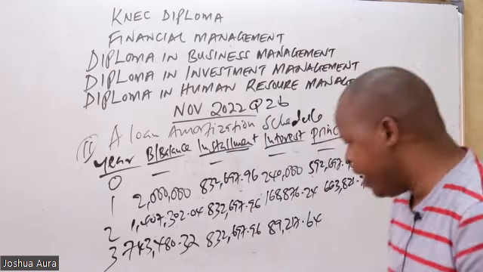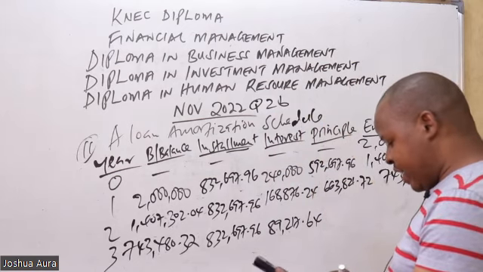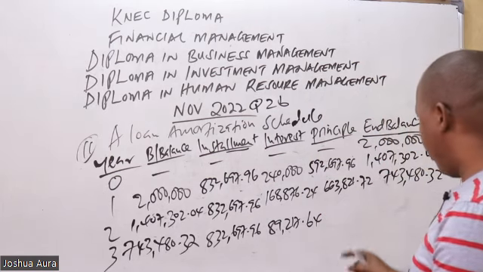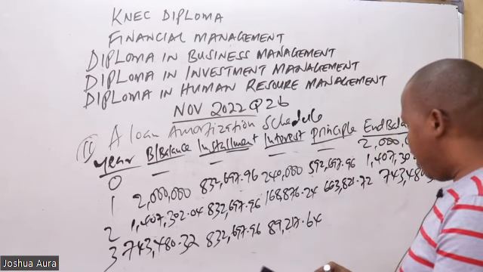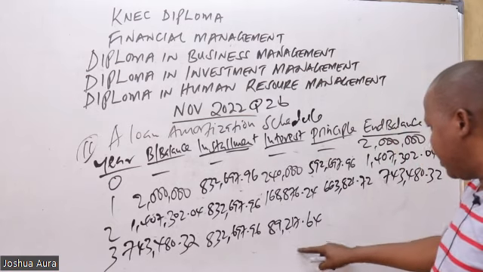We take the beginning, which is 743,480.32, minus the principal. The principal is installment minus interest. Installment minus interest, we get principal.